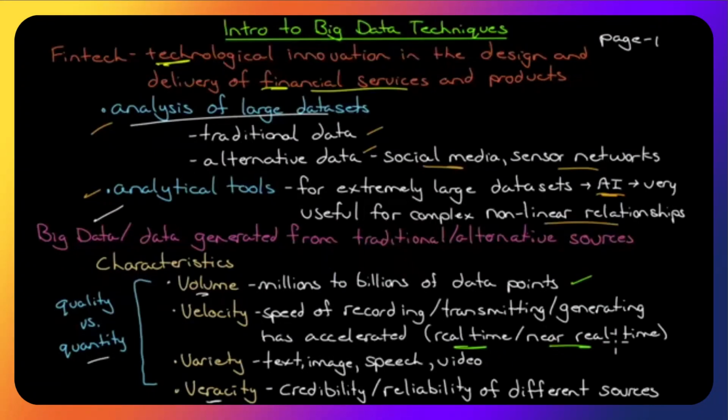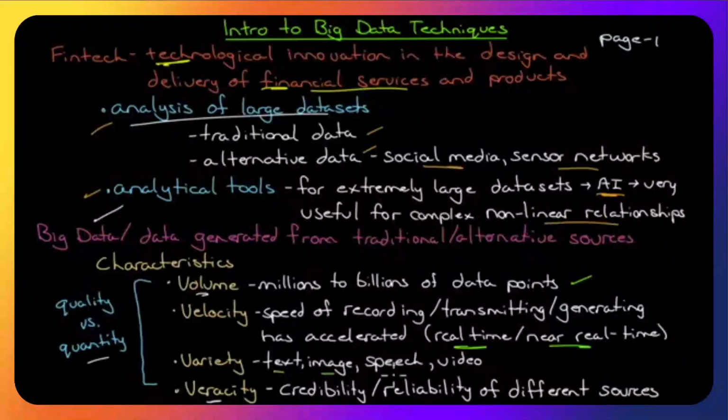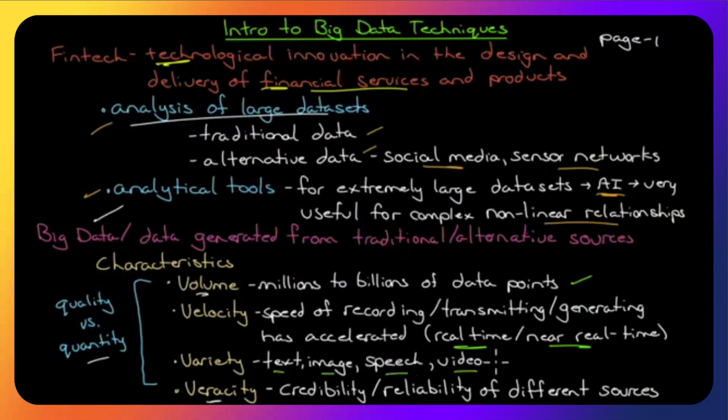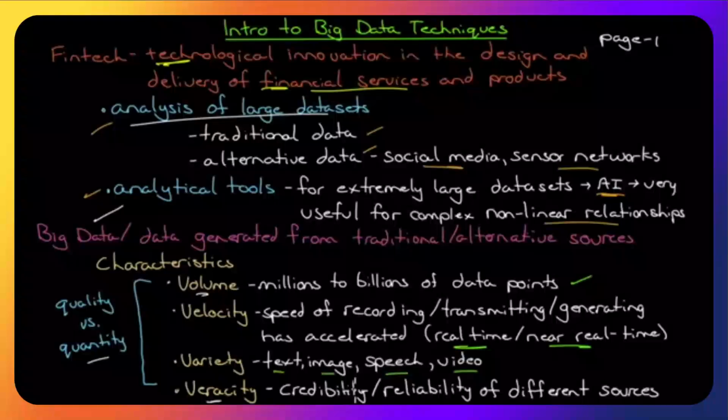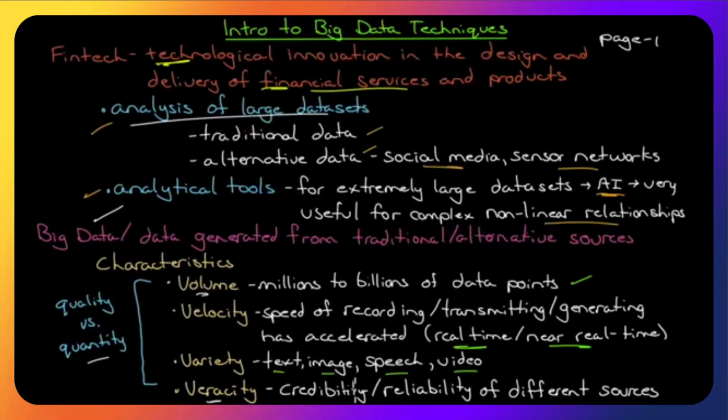Variety, text, image, speech, video, and veracity relates to the credibility and reliability of different sources. And because we have an internet that is democratic in the sense that it is open to all voices, all can contribute to the vast amount of information that's available out there.